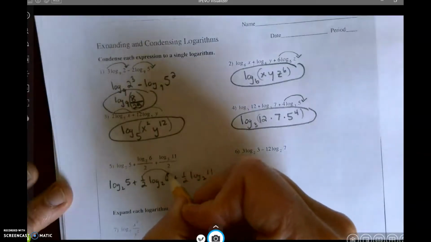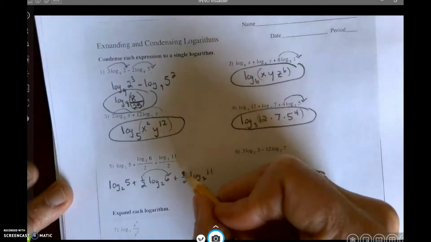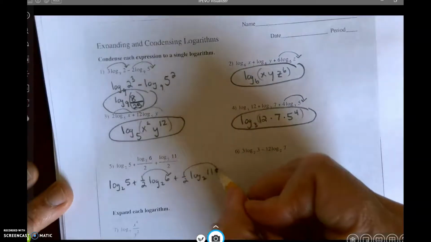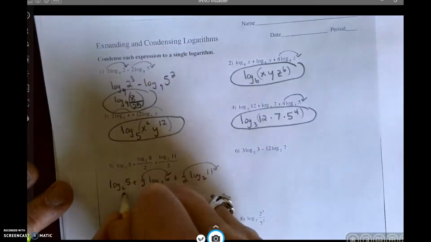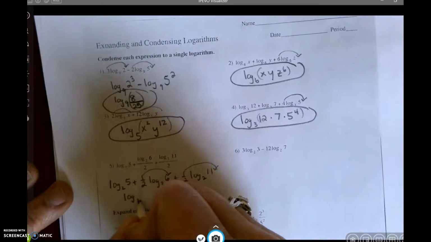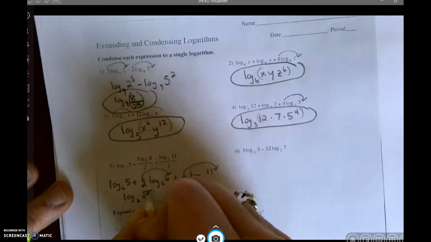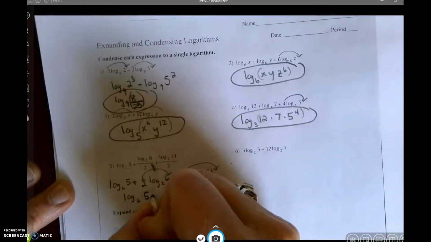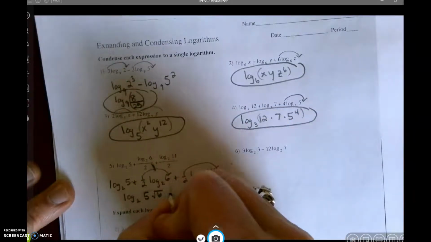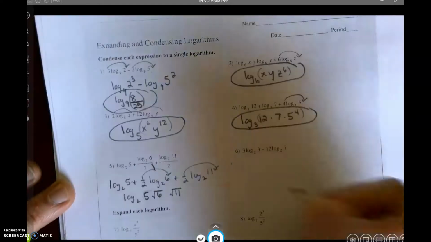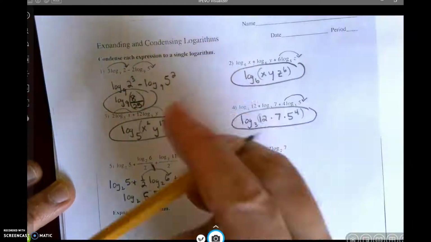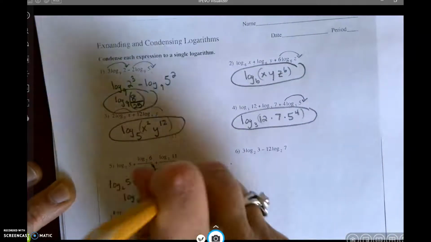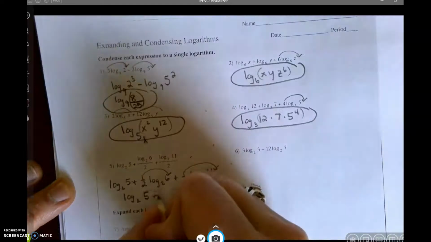So this half gets to be the exponent on the 6, and this 1/2 becomes the exponent on the 11. So we get log base 2 of 5 times the square root of 6 times the square root of 11, which I could just then say is the square root of 66.